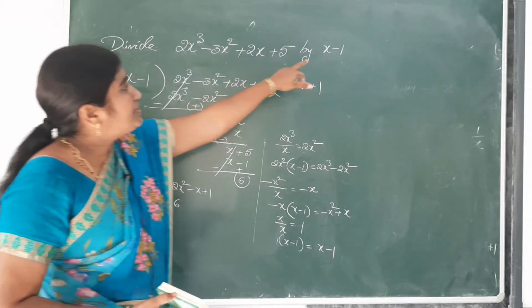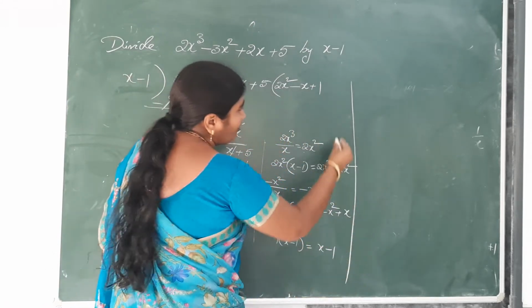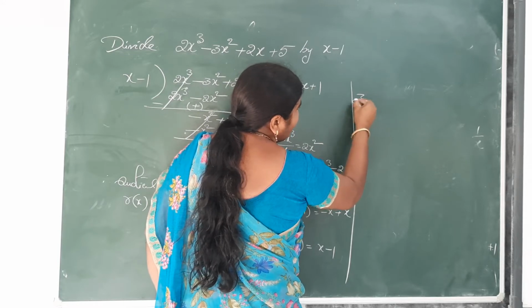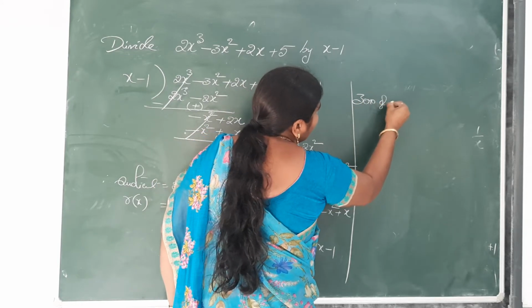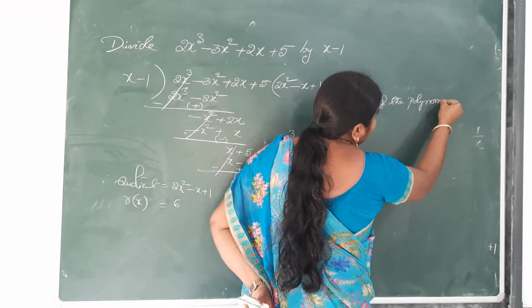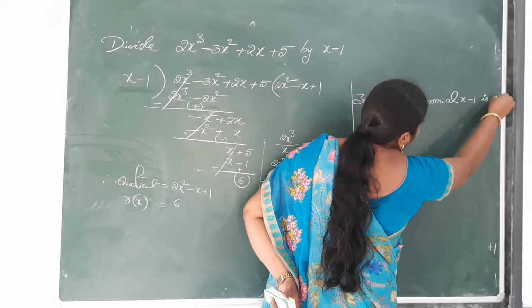Here the zero of the polynomial x minus 1 is 1.